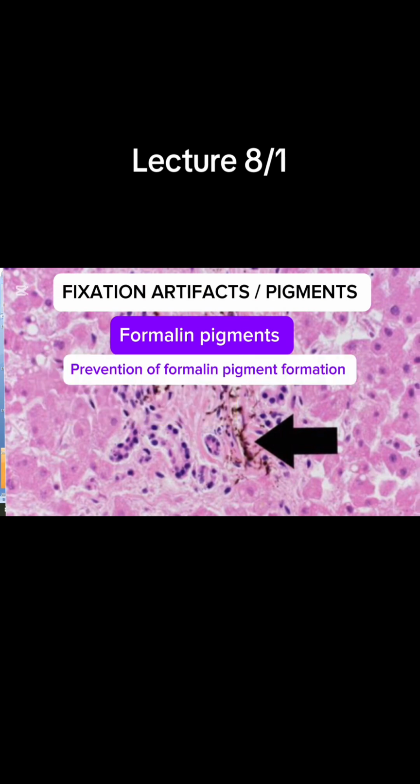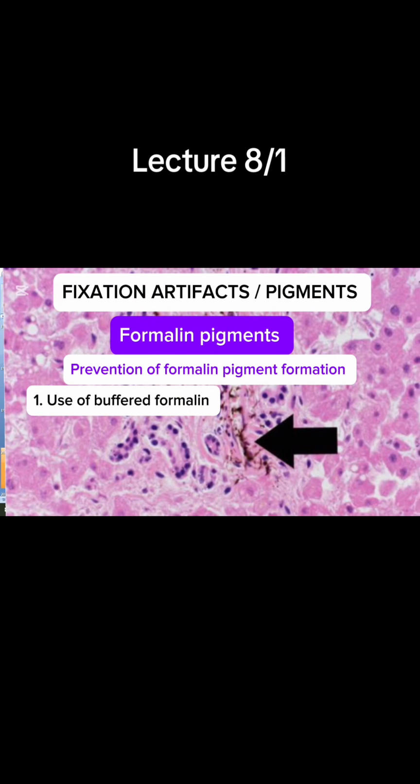So how do we prevent formation of these pigments? One, use of buffered formalin. Ideally, we use 10% neutral buffered formalin at pH 7.0, the fixative, to prevent acidification. So what does buffered formalin do to prevent this pigment from being formed?